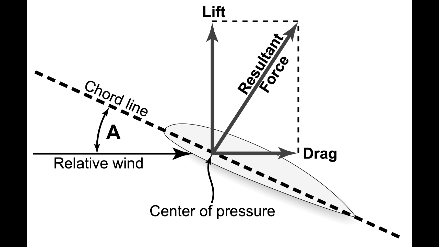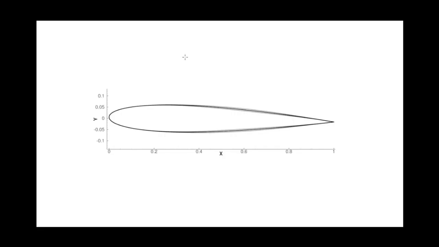So let's look at what happens on a wing. Here we have a typical airfoil, which is a very well-known airfoil, the NACA 0012, which is a typical wing profile utilized in airplanes.